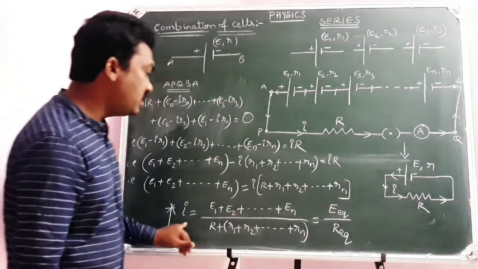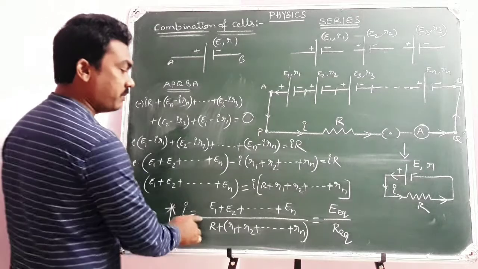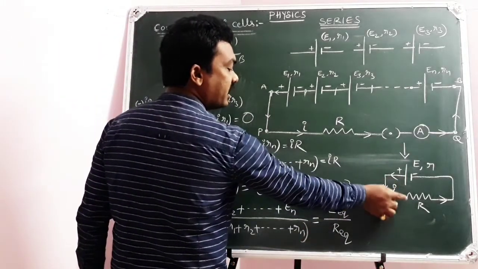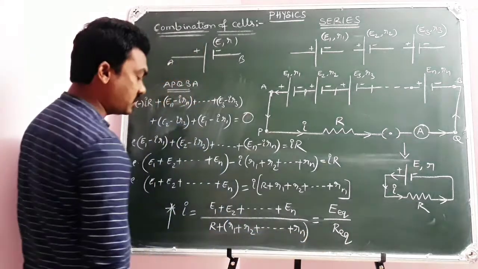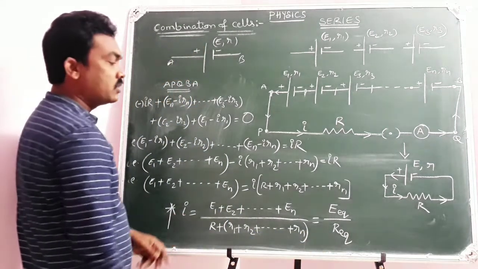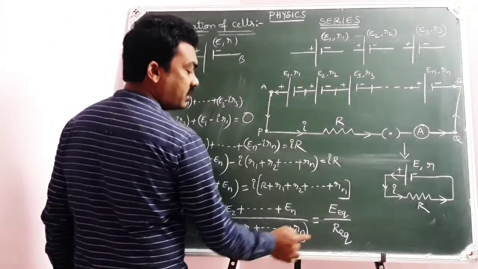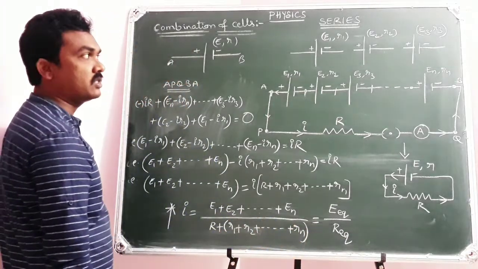So when you compare these two equations, because I equal to V by R, equivalent EMF by equivalent resistance will give the I value. So this numerator represents equivalent EMF and this denominator represents equivalent resistance.